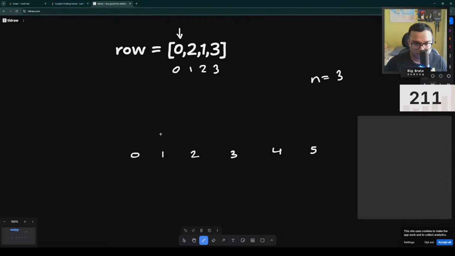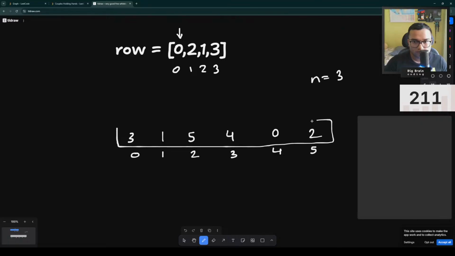So I have to fill in 0 to 5 here. Let's say this is 3, this is 1, this is 5, this is 4. What else is left? This is 0, this is 2. Right? How many swaps do I need to get all of the couples together?